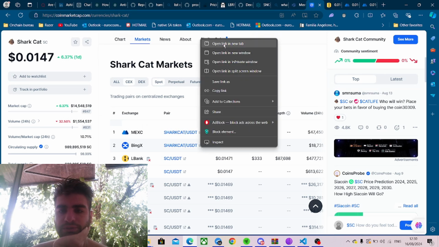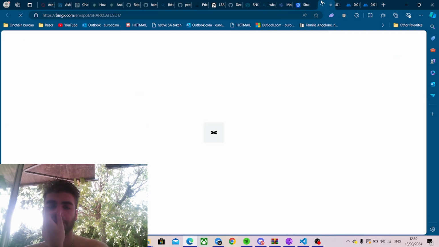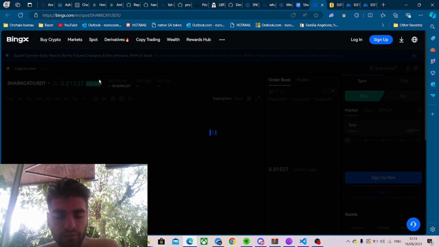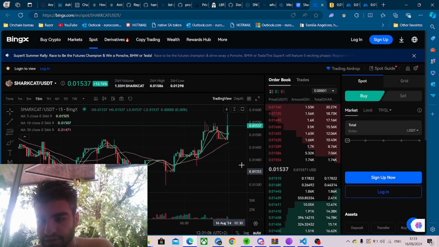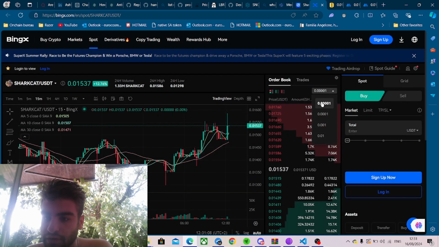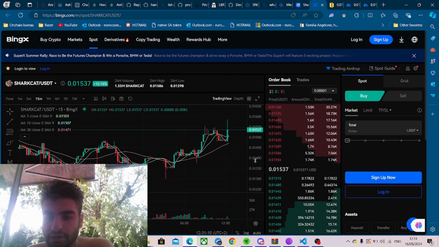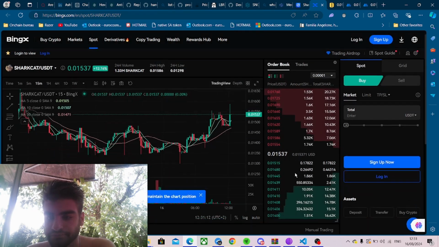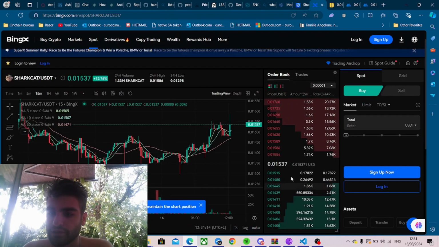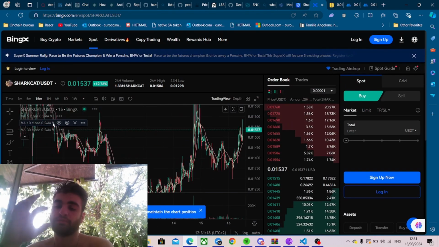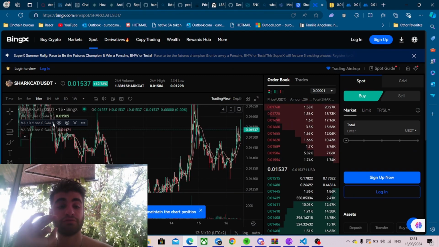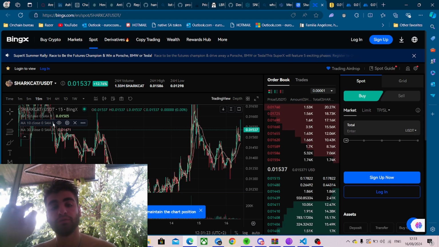The norm, maybe here. Yes, as you can see, this is the norm from market making. So we have a staircase of liquidity on both sides, which means that the price will move in many small bits.